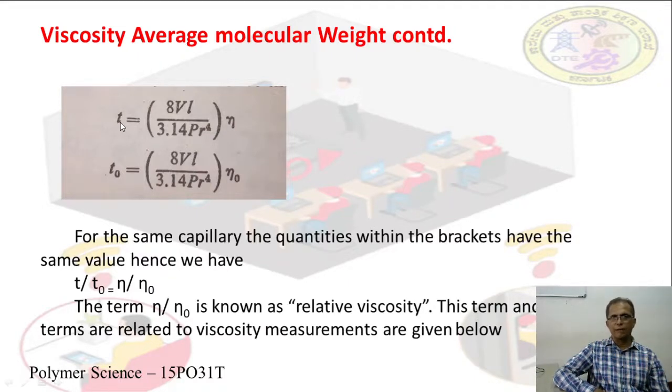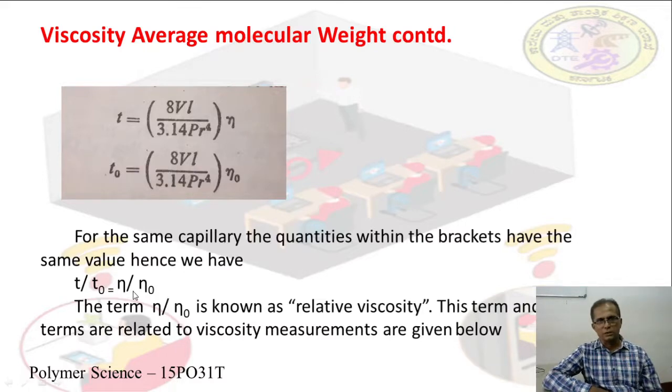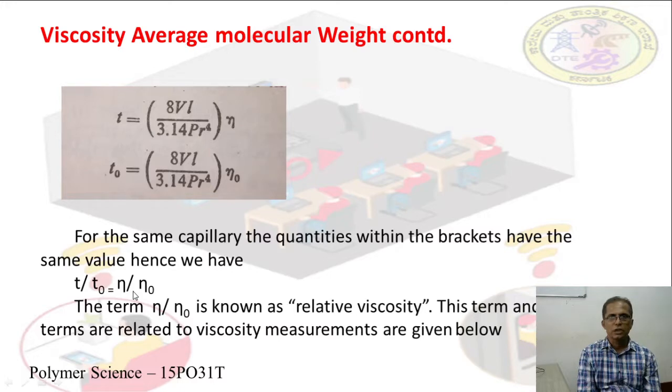For the same capillary, the quantities within the bracket have the same values. Hence, we can write T by T naught is equal to eta by eta naught. The terms eta and eta naught are the viscosities of the solution and the solvent. Hence, eta by eta naught is known as relative viscosity.